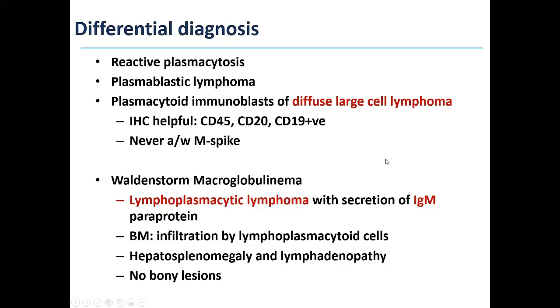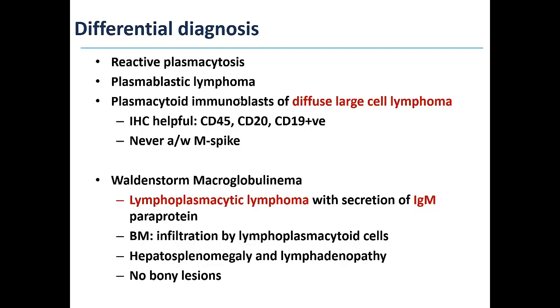Now, whenever we have a case of plasma cell neoplasm, every case may not show us all the features of multiple myeloma. There may be some cases in which we don't find all the typical features.